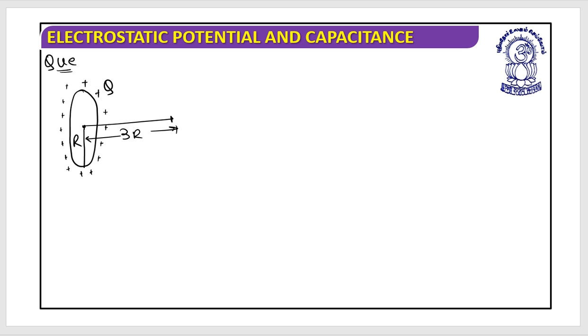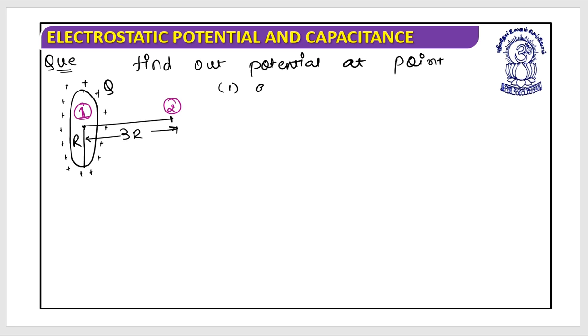Let's say this is location number 1, this is location number 2, and you have been asked to find out the potential at point 1 and point 2 due to the charged ring.